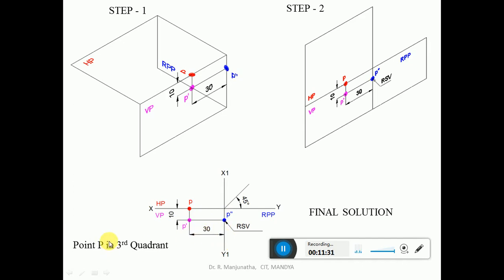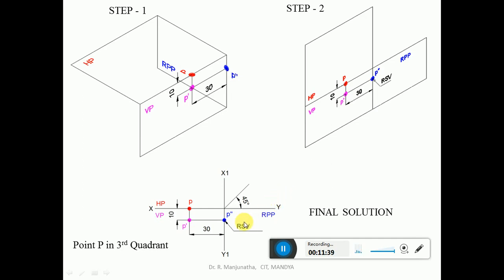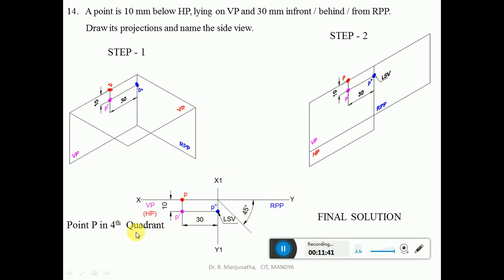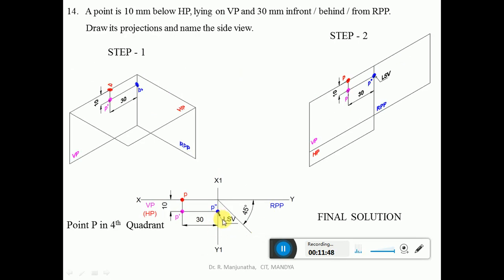Now the point capital P lies in the third quadrant. So when you observe, both the sketches are going to remain the same, but the only thing is that in the third quadrant the image you get here is the right side view, whereas in the fourth quadrant the image you get is the left side view. So in this type of problems you can write either one of the sketches.